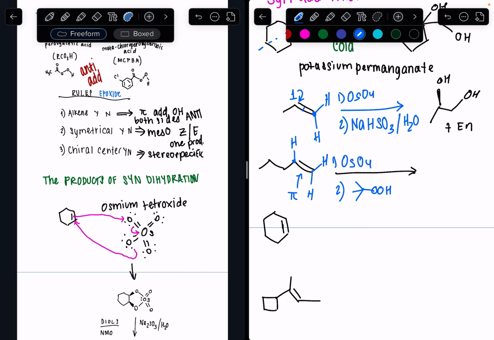So if we're treating this one with this, we're going to end up getting what product? We're adding our oxygen, or alcohol, syn addition to both sides, but we're going to have this product as well as its enantiomer.